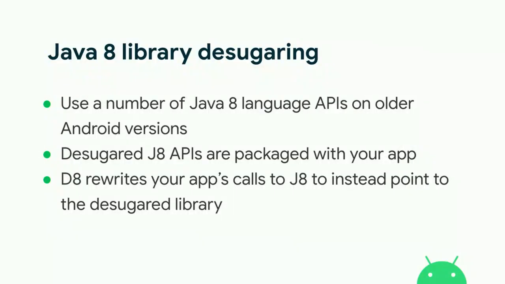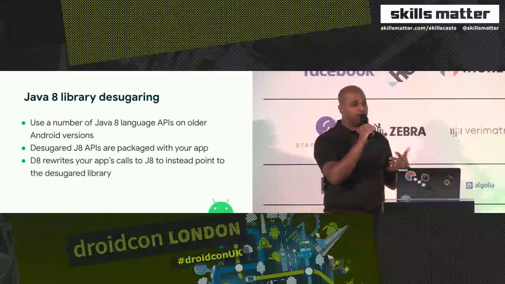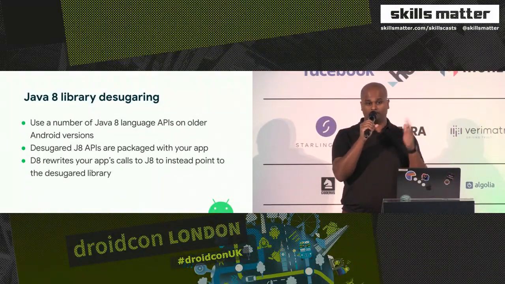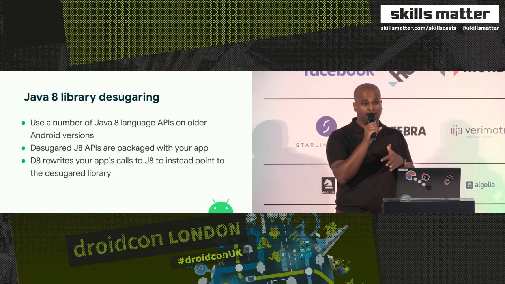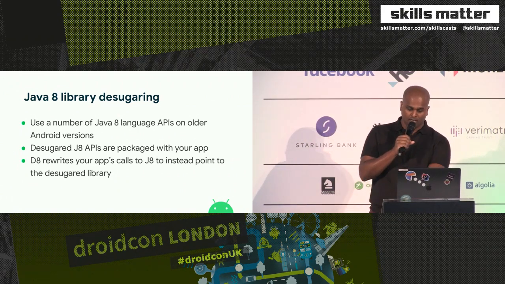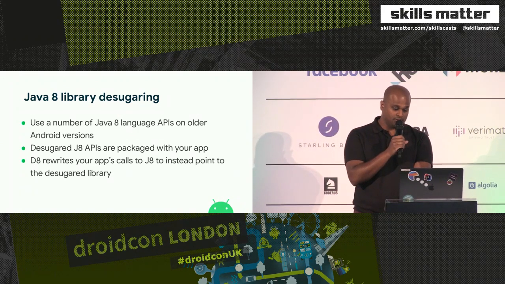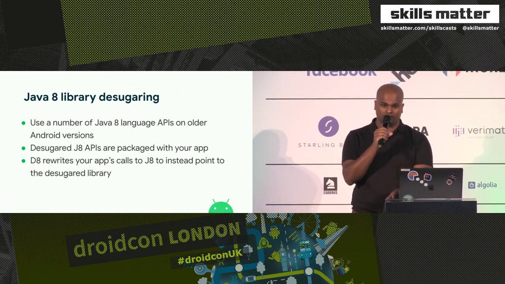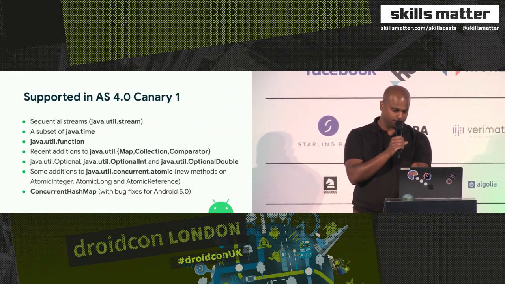So what we do now is we desugar Java 8 language APIs and package that desugared library in with your app. And so what D8 does is it rewrites your code a little bit to instead of point to those Java 8 libraries, point to the backported version that's packaged with your APK, so that it is available despite whatever API level your app is running on.